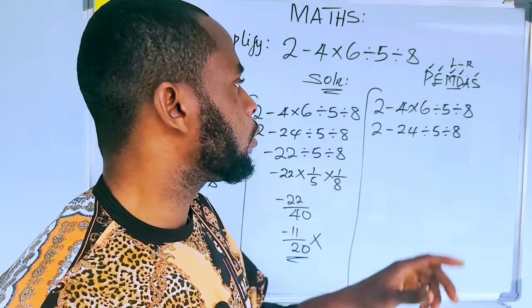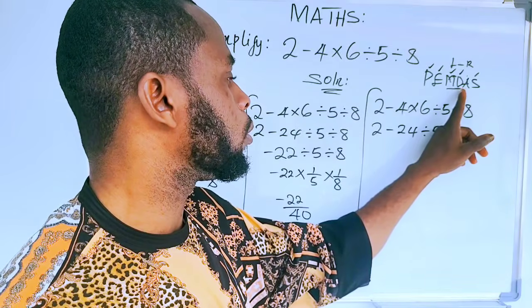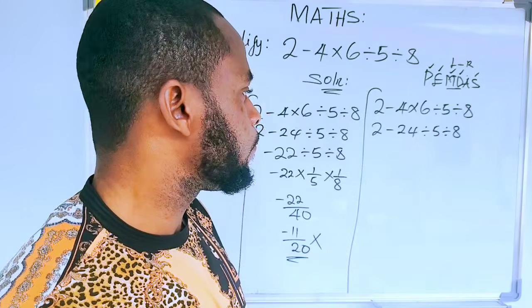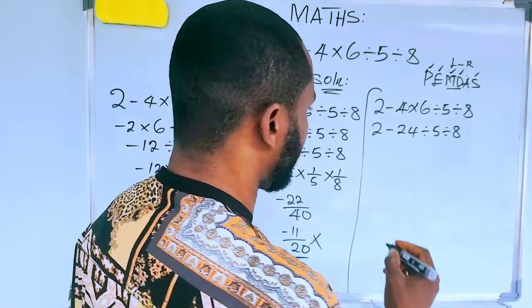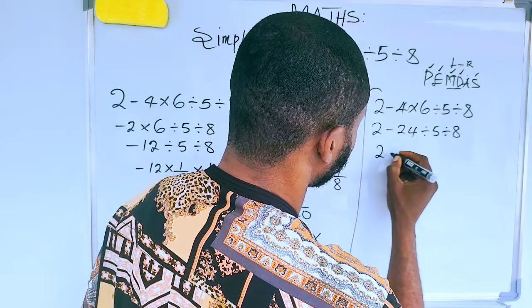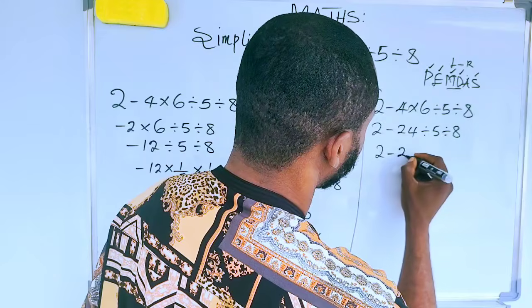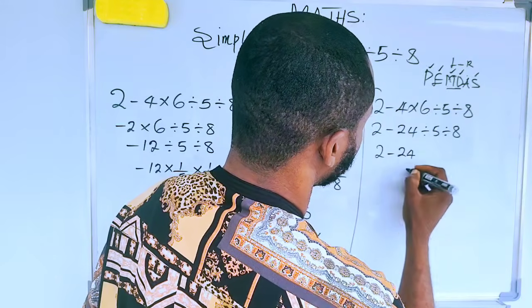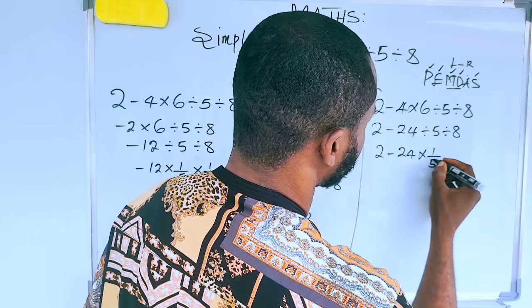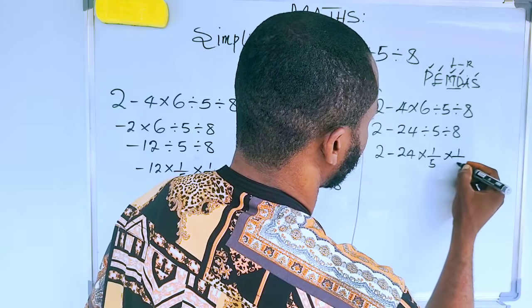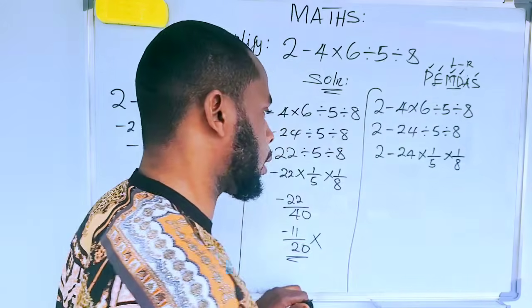Right here, we move to division. We are going to apply KCF here, and we are going to have 2 minus 24 multiplied by 1 over 5 multiplied by 1 over 8.